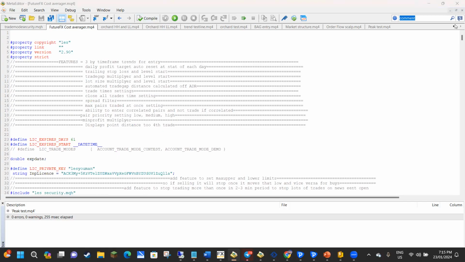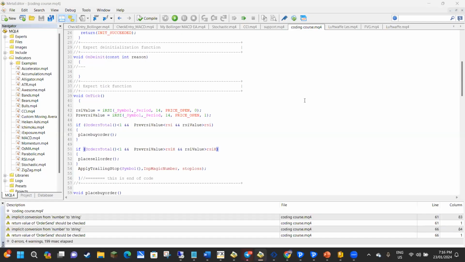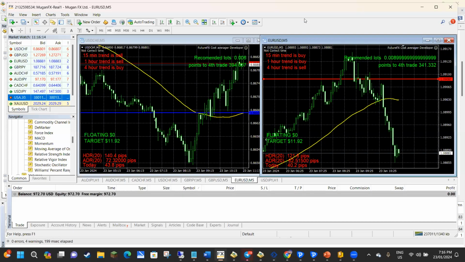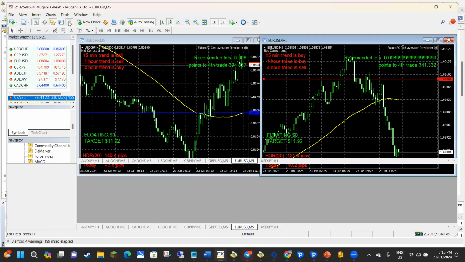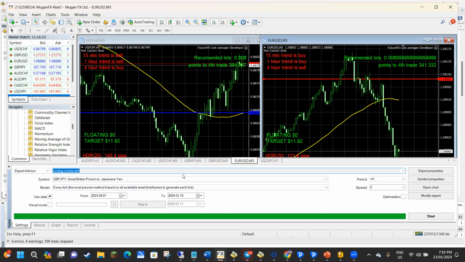I'll just find it. All right, so we've got that in place and it compiles fine. So we should probably put it on the back tester here and see if it takes out buys and sells for us.